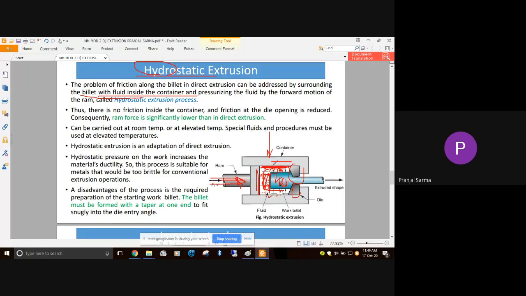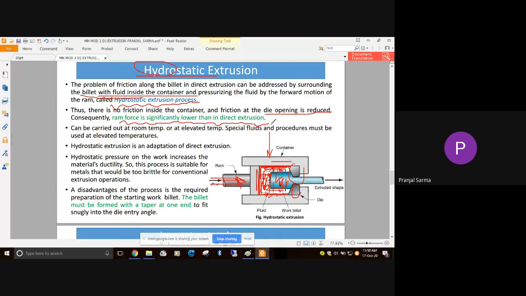Now you can see we have eliminated the metal to metal contact of the billet; rather, the billet is now surrounded by a fluid. This type of extrusion process is known as hydrostatic extrusion. There is no friction inside the container, and the friction at the die opening is also reduced. Because the main friction is reduced, the ram force required is significantly lower than in direct extrusion.